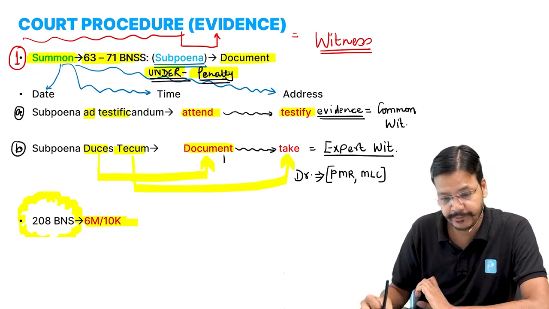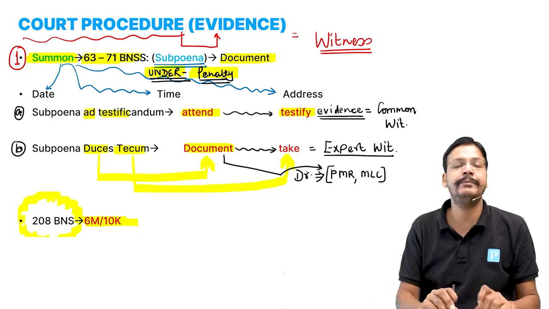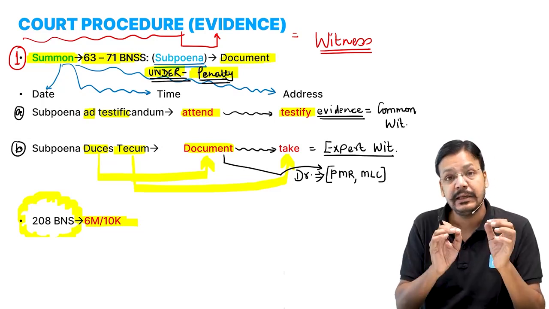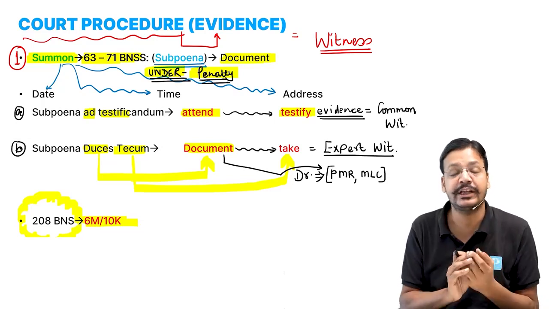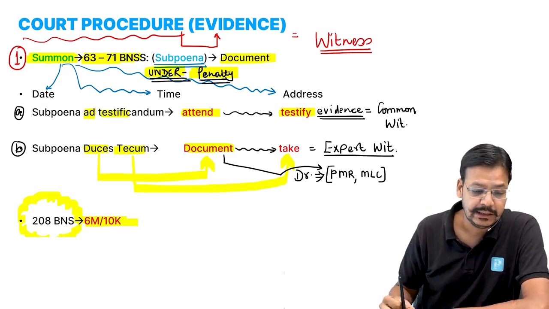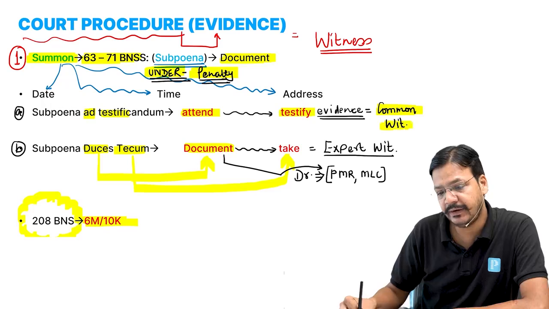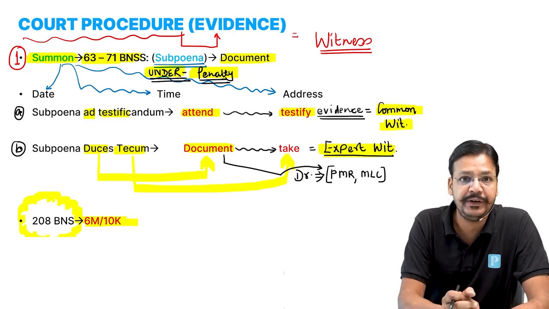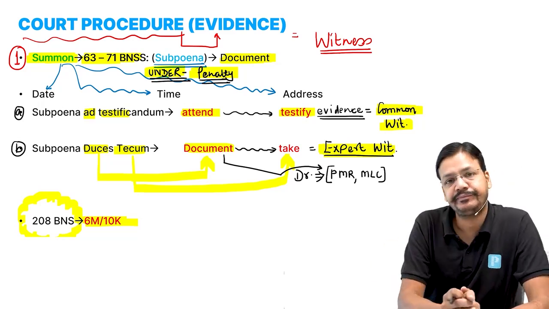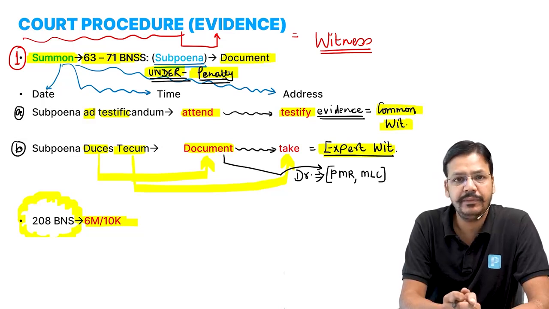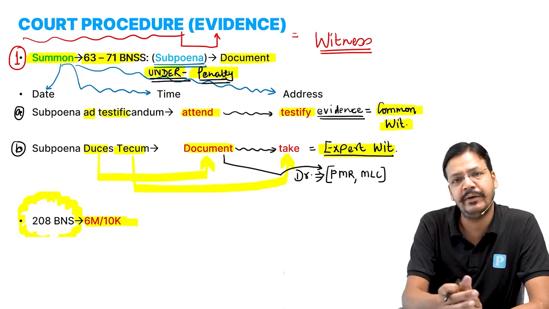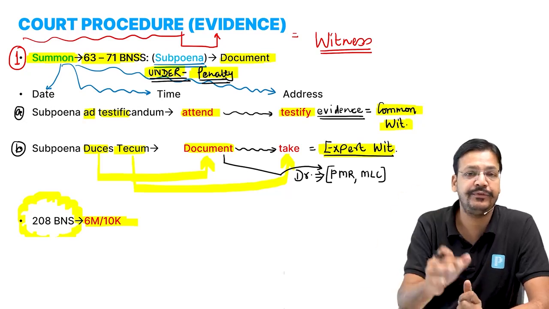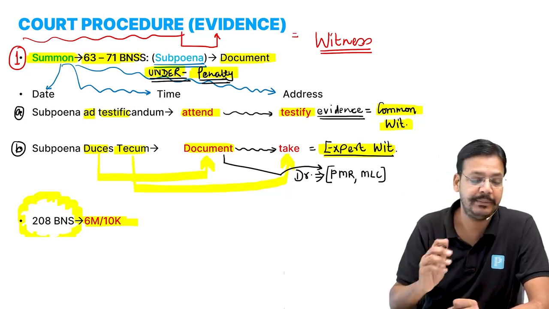This is a document. So it is subpoena duces tecum, used for the expert witness. Just remember two terms: subpoena ad testificandum for the common witness, and subpoena duces tecum for the expert witness. The doctor takes a document, this is duces tecum, and the common witness goes and gives evidence, attend and testify. Testify means evidence. Just remember that part.